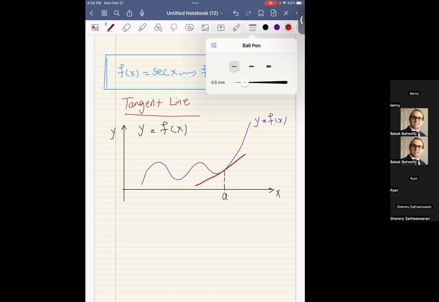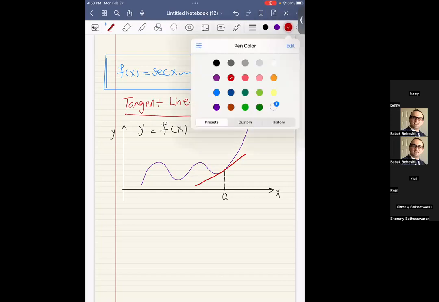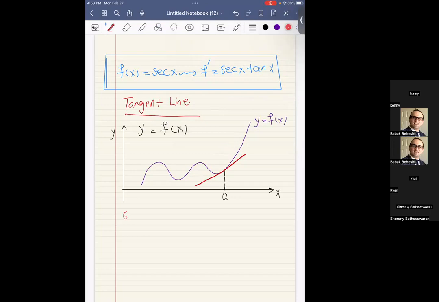The main lesson is that the slope of the tangent line at x equals a is equal to f prime of a.